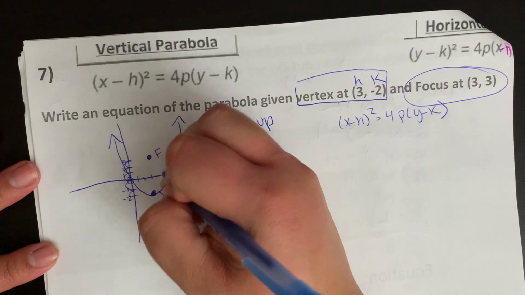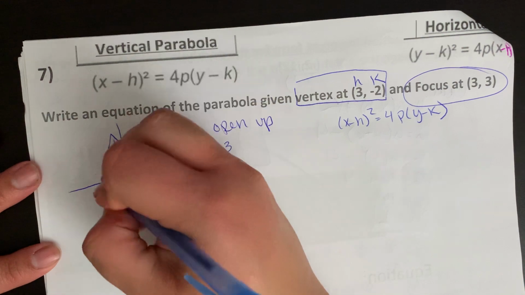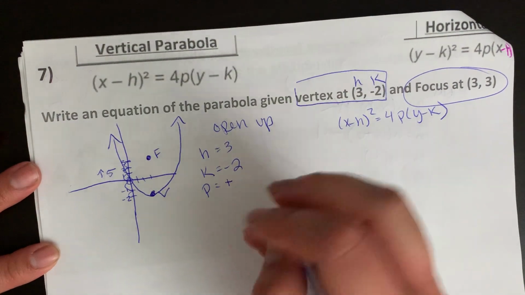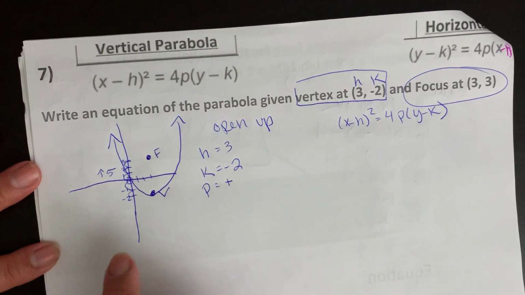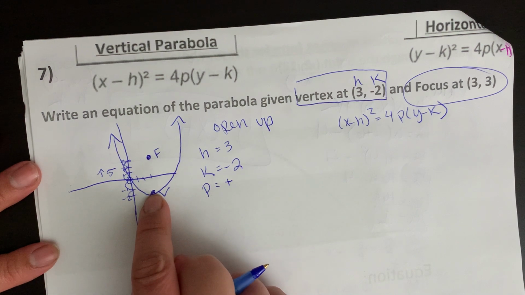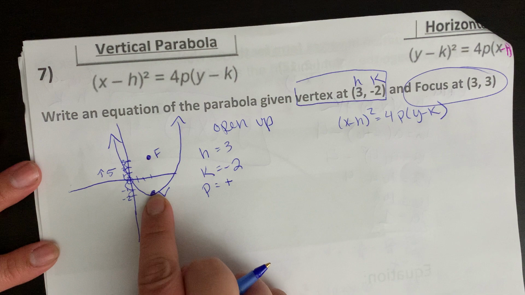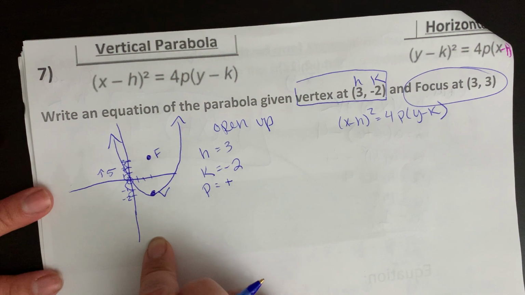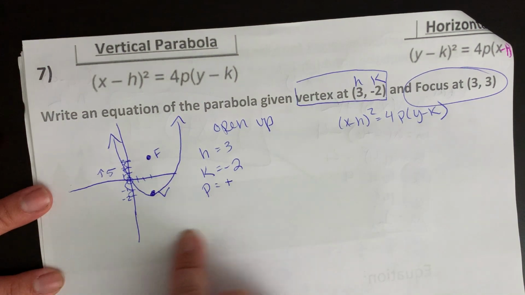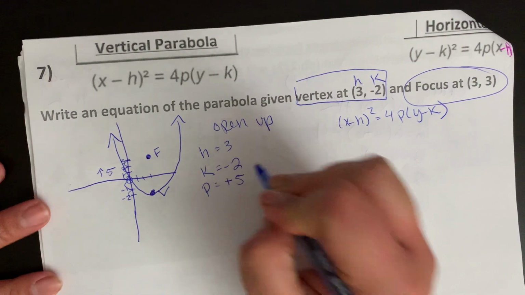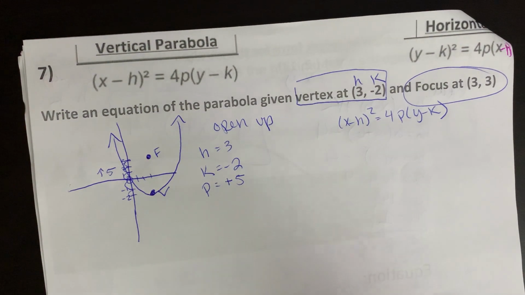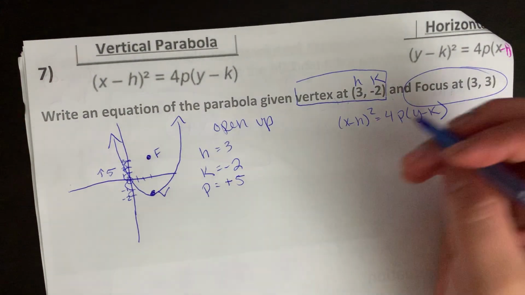So this is 5 units up. So I know my p, which remember is the distance from your vertex to your focus and from your vertex to your directrix. I know my directrix is obviously somewhere down here. So my p is a +5.